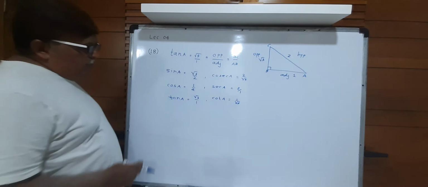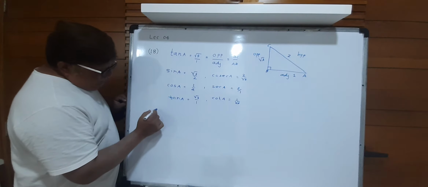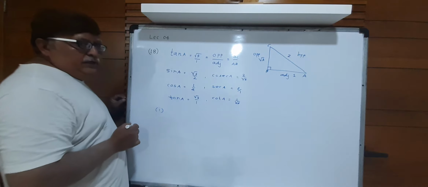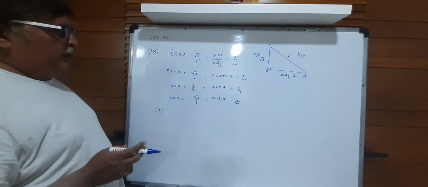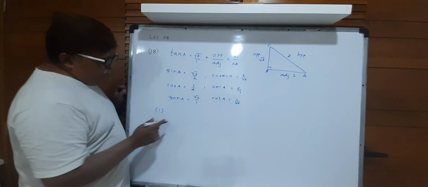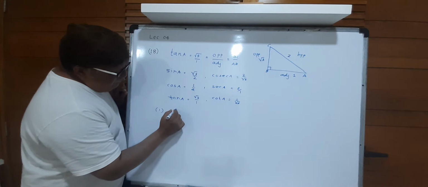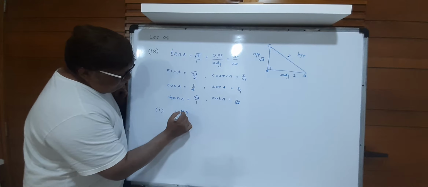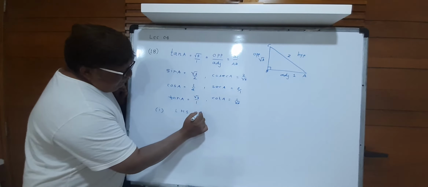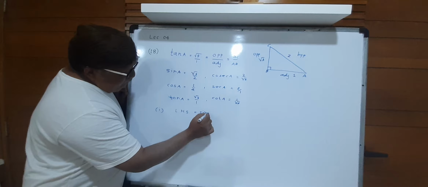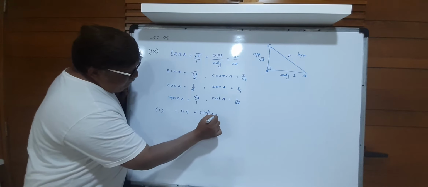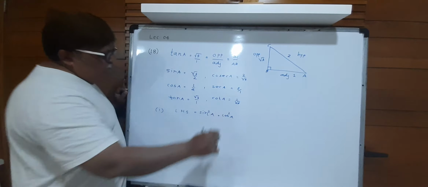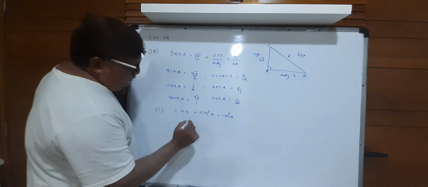After getting all this, dear student, let us try to prove the first one. What is that? Sin square A plus cos square A equal to 1. What should you do now? First you write LHS: sin square A plus cos square A. Substitute the value.